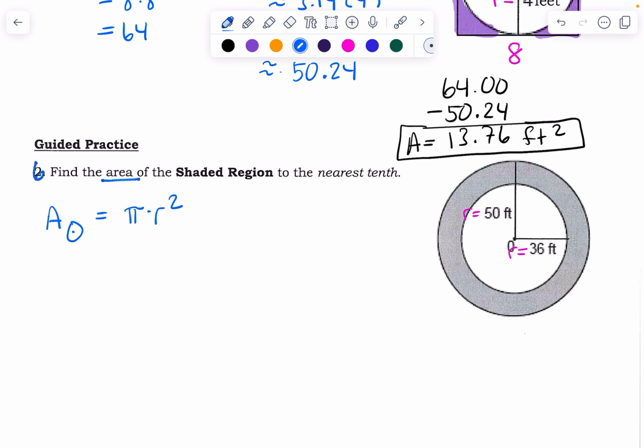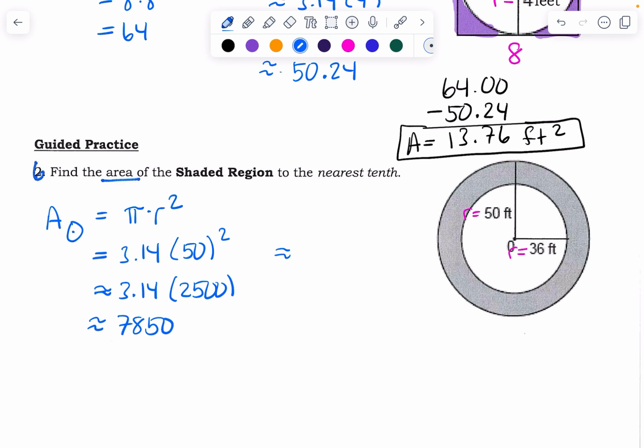Pi times r squared. So I have 3.14 times 50 squared. 50 squared is 2,500. And 2,500 times pi would be 7,850. All right. Now I'm going to do the same thing with the inner circle.